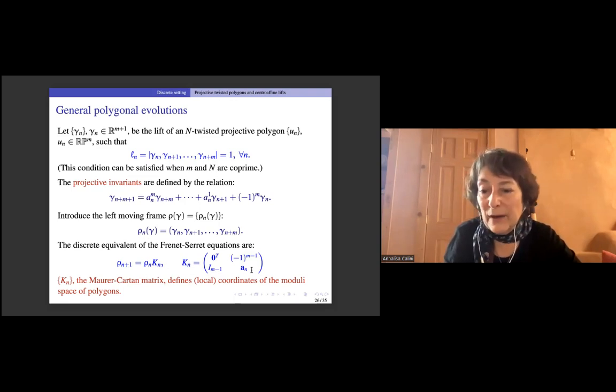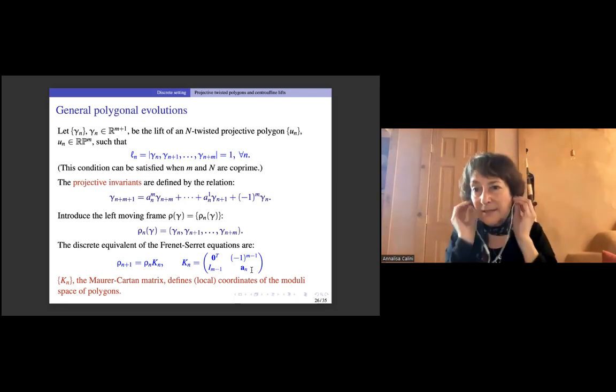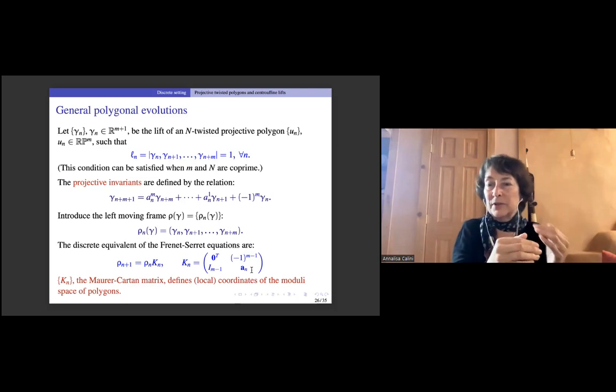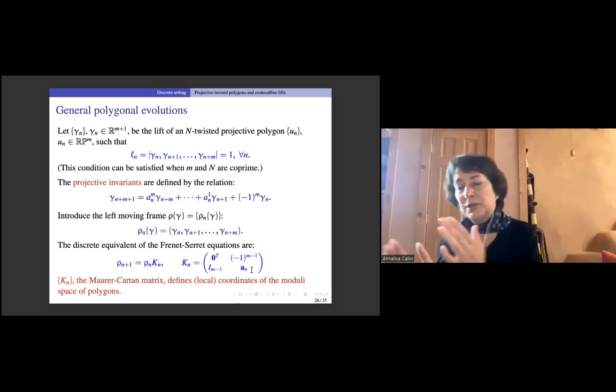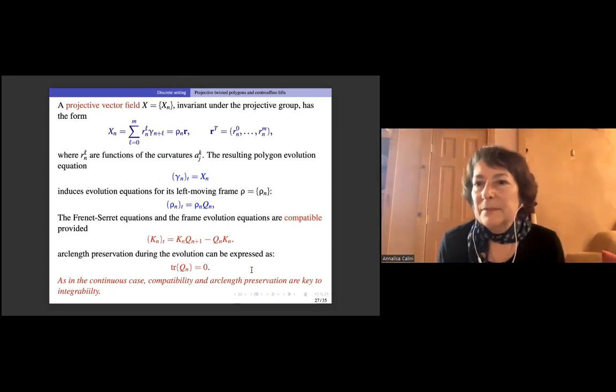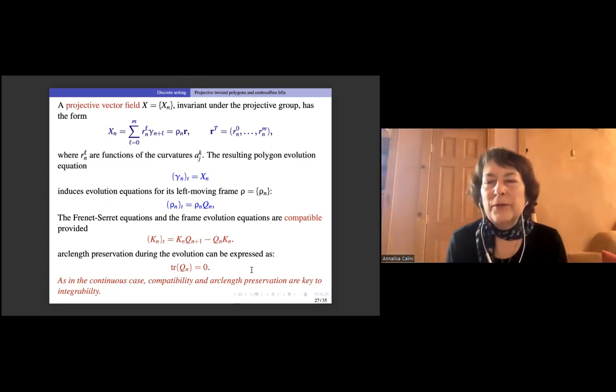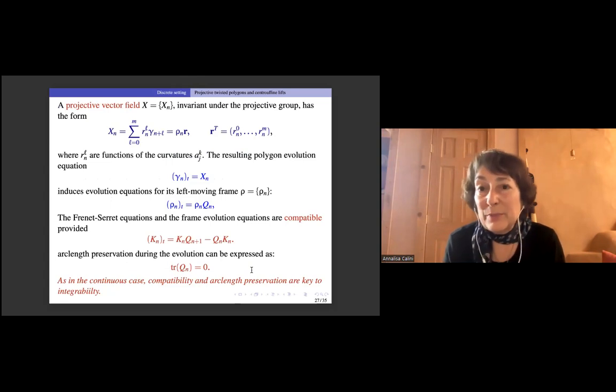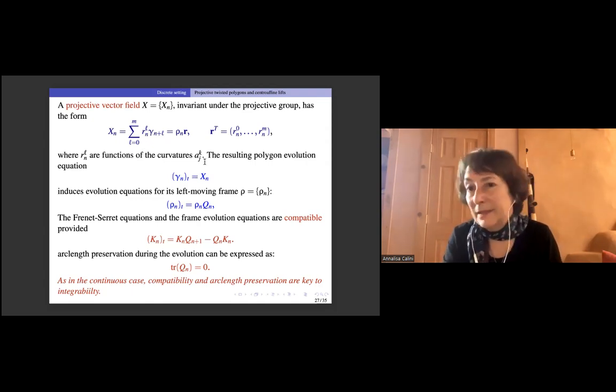Again, so far, nothing different except for the discrete setting where differentiation is replaced by a shift in the index. Projective vector fields that are invariant under the projective group are linear combinations of elements of your frame. Coefficients have to be functions of the curvatures and shifts of them.